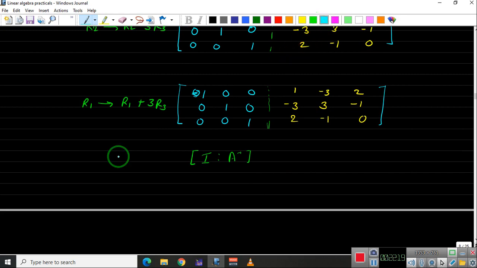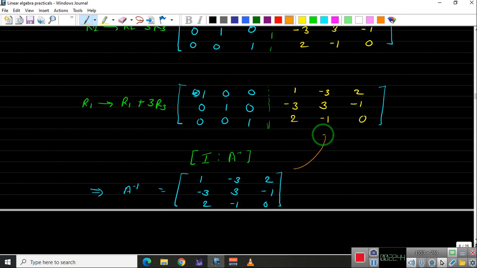This implies A inverse exists because we are not getting any entirely 0 row, and A inverse will be equal to this matrix, the yellow one. So it is 1 minus 3 2, minus 3 3 minus 1, and 2 minus 1 0, and this is nothing but a matrix from here.